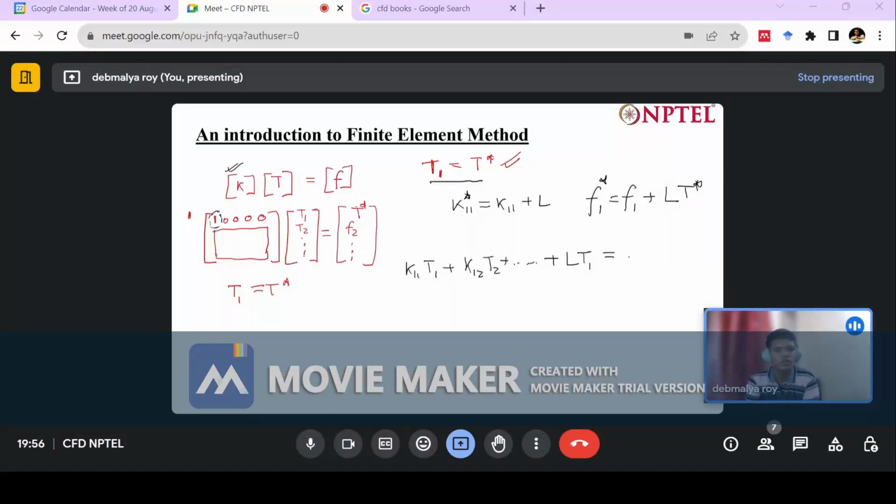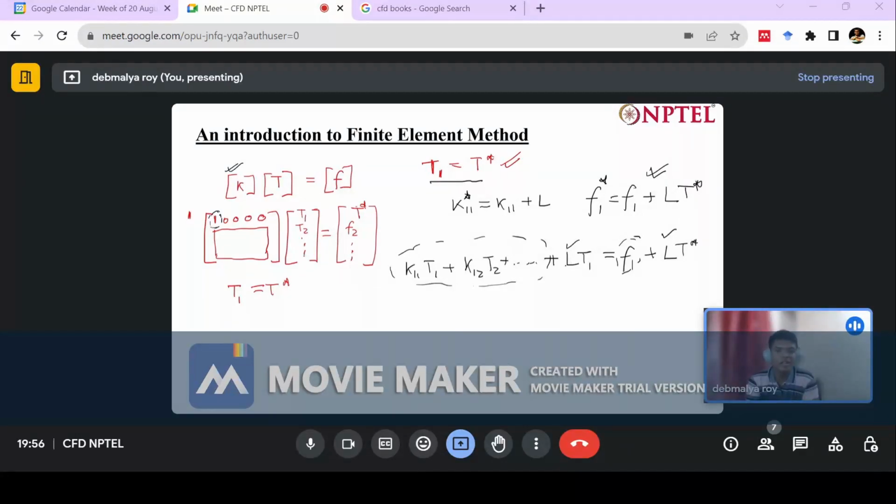And here what I will have? I will have this F1 plus L T star, as I have already mentioned here. So let's say if L is very large, then all these terms will be negligible.